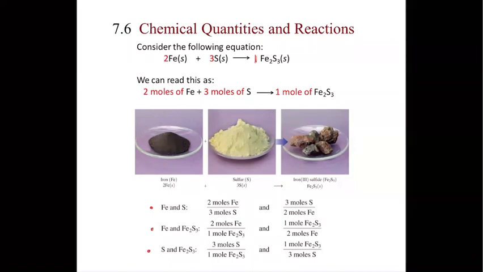And based on my balanced chemical equation, I see the relationship between sulfur and my product, okay? So remember, we can utilize the coefficients in my balanced chemical equations as conversion factors if I'm trying to relate different components of a chemical reaction, okay?